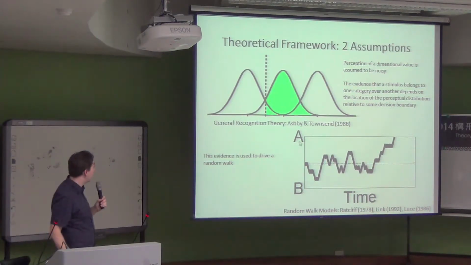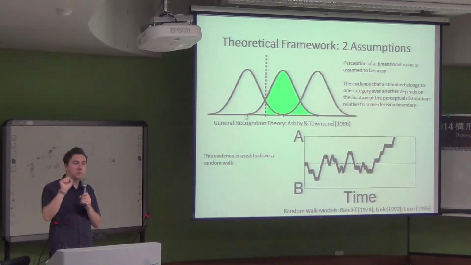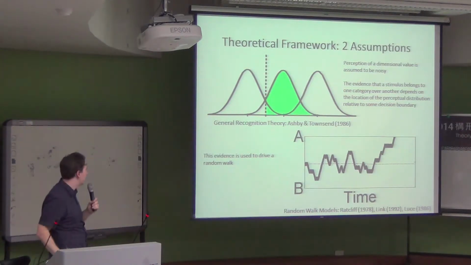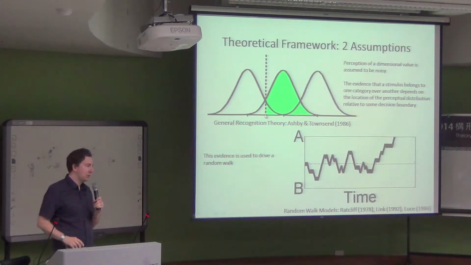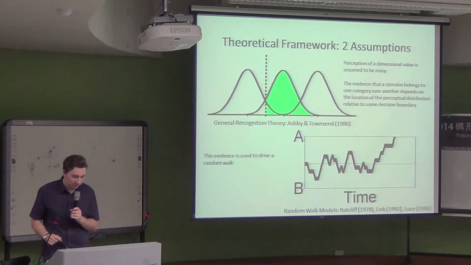If we have 3 values on a given dimension, and we just look at the general recognition theory representation on one of these dimensions, we might just set up a simple signal detection theory style setup. I'm not dealing with the full multivariate power of general recognition theory yet. We're just dealing with a single dimension here.